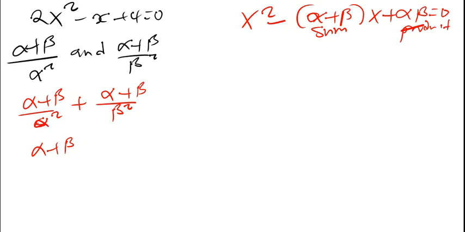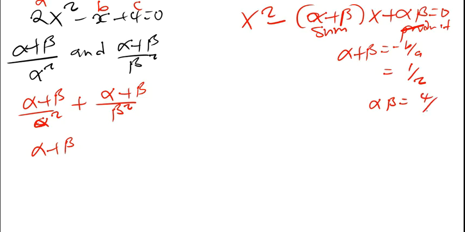Using the same thing, this is A, this is B, and this is C. So alpha plus beta is still negative B over A. B is negative 1. Negative times negative will be positive, so it will be positive 1 over A, which is 2. Alpha times beta is C over A. C is 4, A is 2, so I'll end up having 2. The first thing, let us first add these.